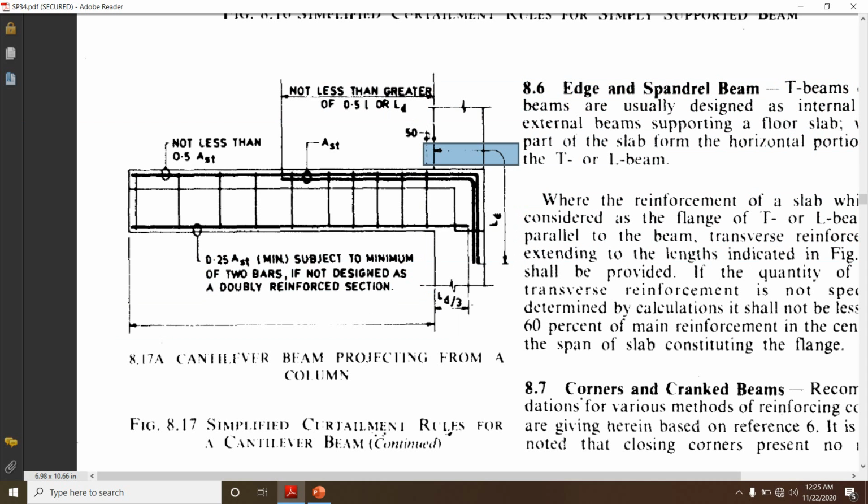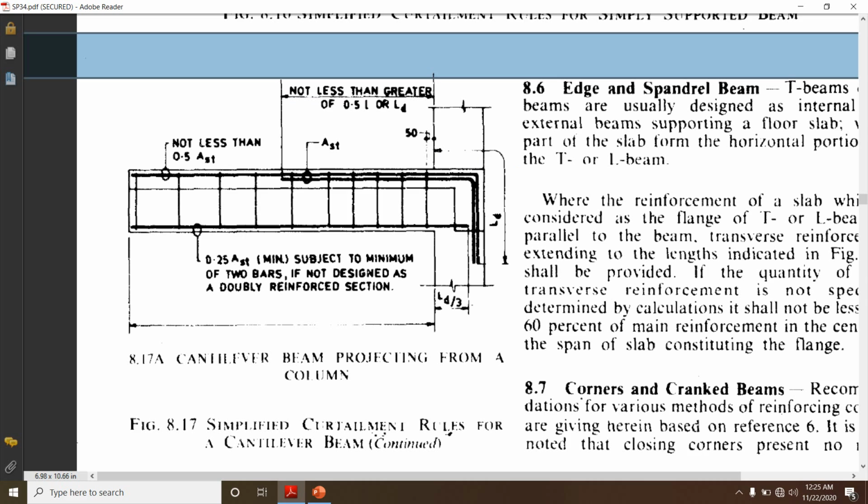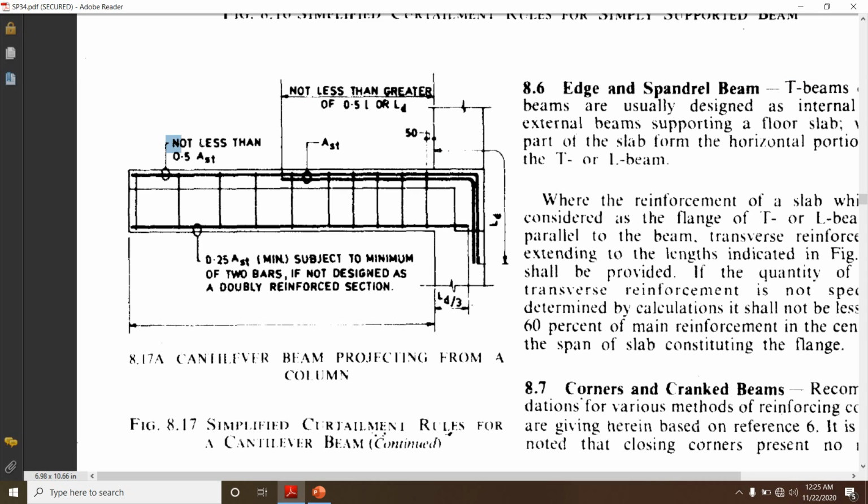So out of these, the greater of the two, up to this much distance we have to provide the total 100 percentage of reinforcement. After this we can do the curtailment of the bars, but not less than 0.5, half of the Ast, that is 50 percentage reinforcement has to be continued beyond this distance.